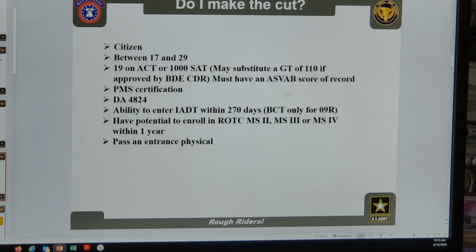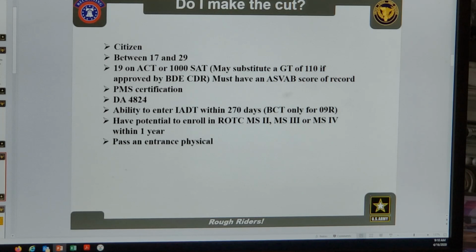All right. So, do you make the cut to go SMP? Okay. First off, you've got to be a citizen or naturalized. No I-551 cards here. In order to be an officer in the United States Army, you must be a citizen or naturalized. SMP is a pathway to officership, just like OCS, so it's the same requirement.